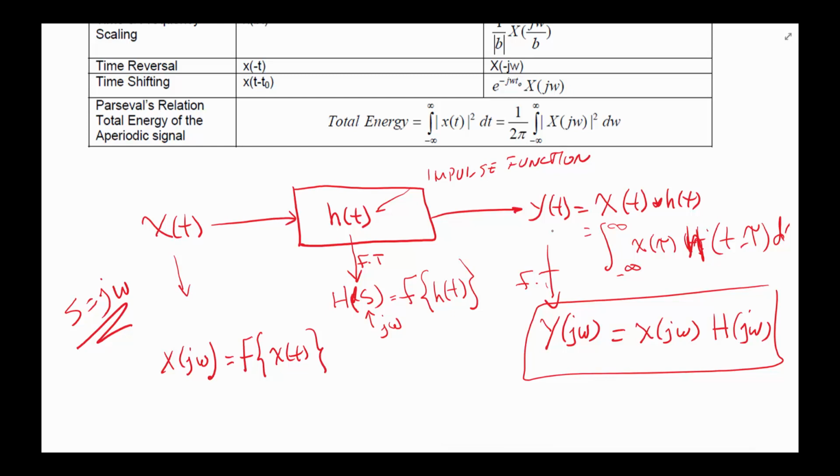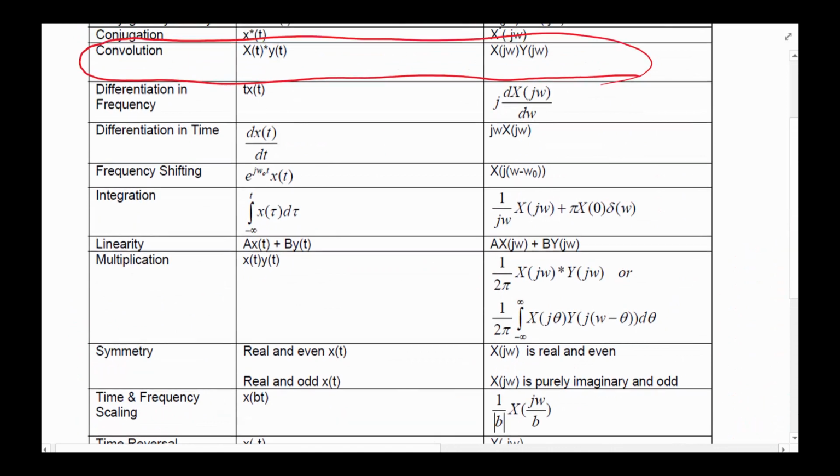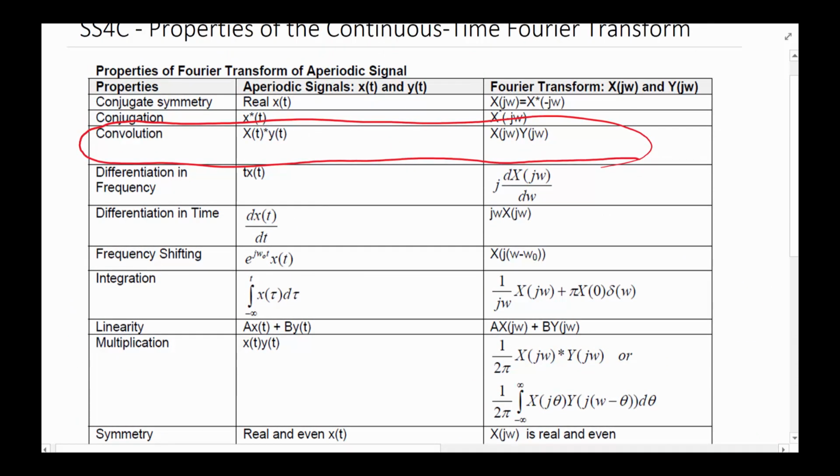So if you haven't got the message yet, that's a pretty big deal for us. Some of the other things are interesting and not equally important, but still important. Differentiation in one domain turns out to be multiplication by a variable in the other domain.